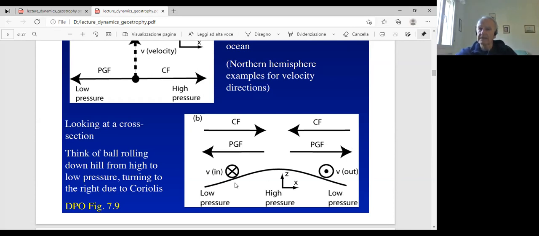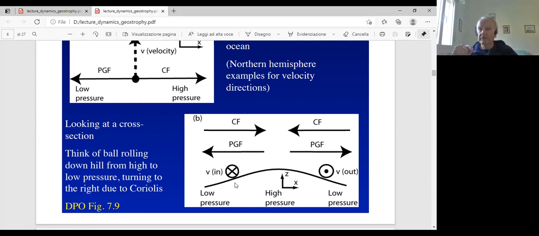So that means that if you have a hill on the top of the ocean, then the flow will be such that the hill will be on the right of the particle which is moving around this hill.